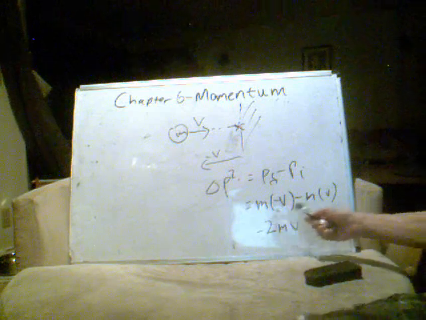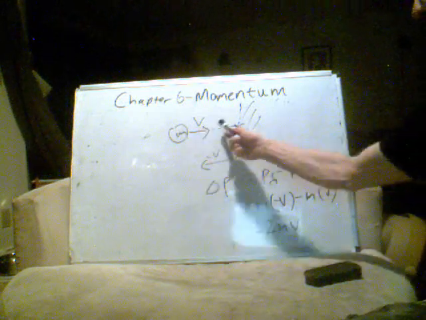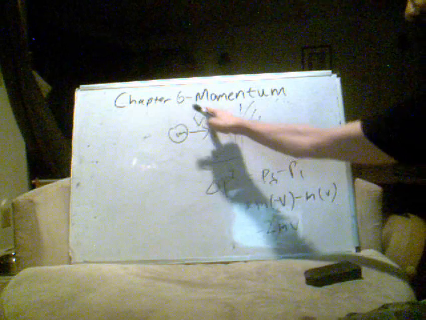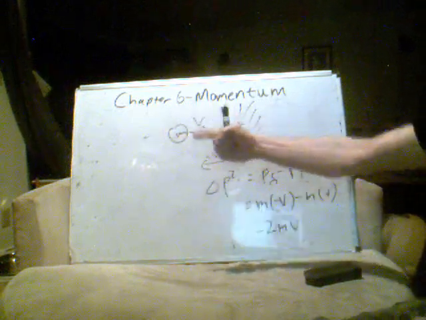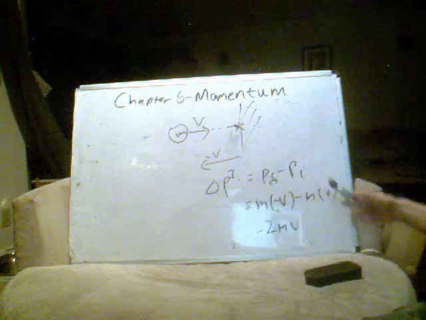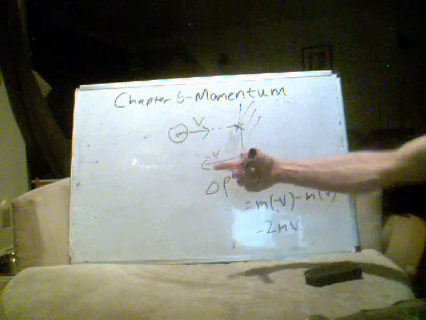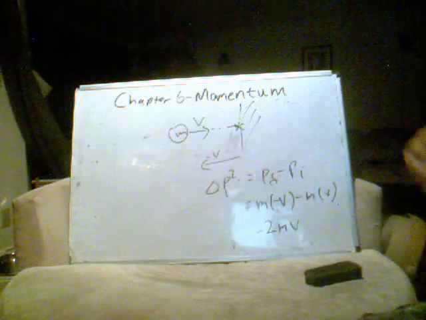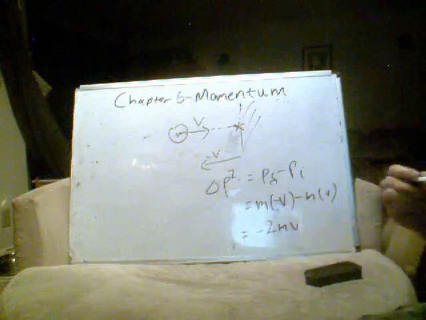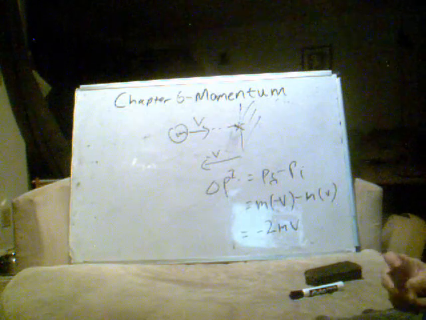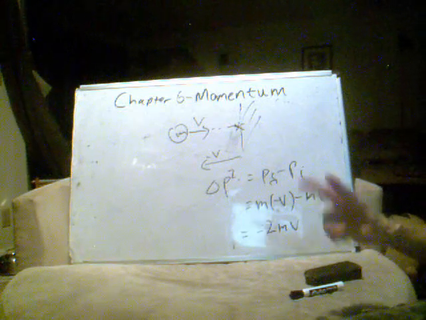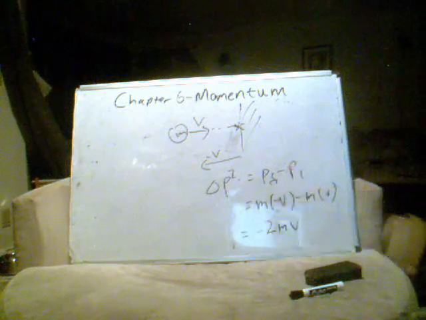So we have some initial momentum, and that has to stop, so it has to remove all of this m times v from the equation, and then to make it go backwards, it has to add another m times v in the opposite direction. And so, for an object to reverse its momentum completely, it has to change its momentum double its original momentum.